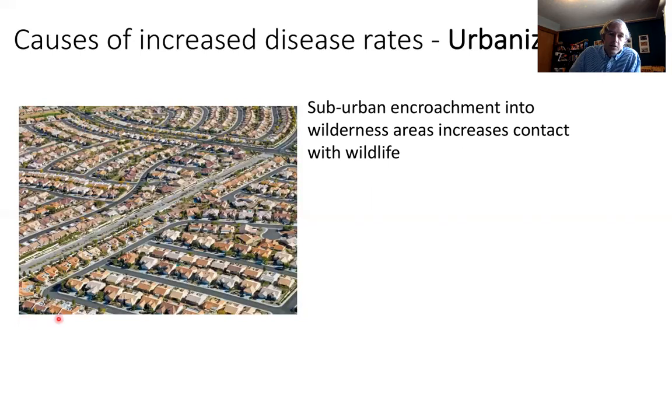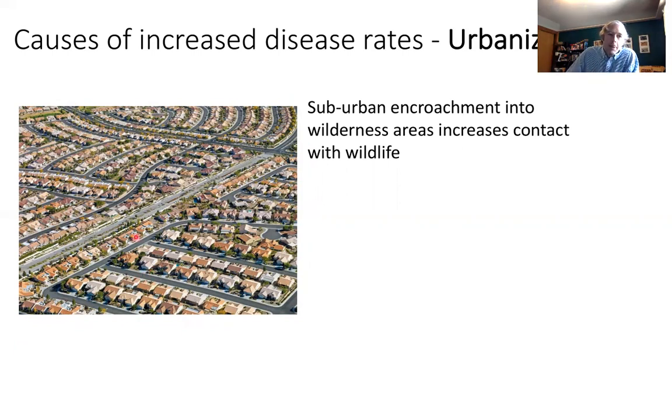So rather than having high rises in cities, we're now going for suburban housing estates. And this suburban encroachment into wilderness areas increases contact with wildlife. Because this used to be green wilderness, and now it's full of people. They've encroached into this area that was previously a wildlife habitat.